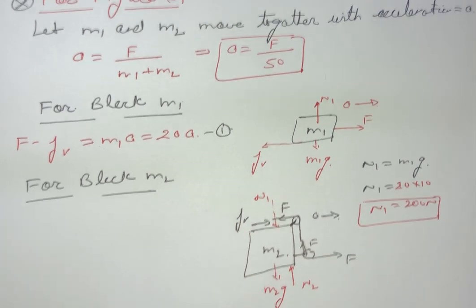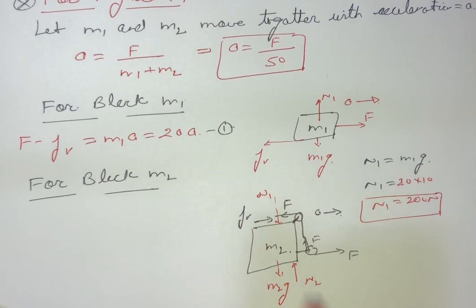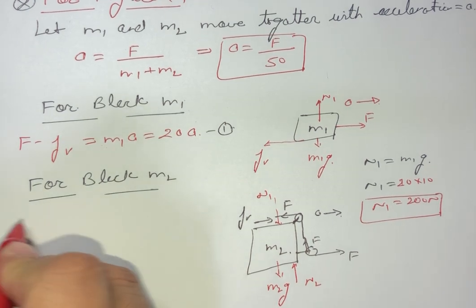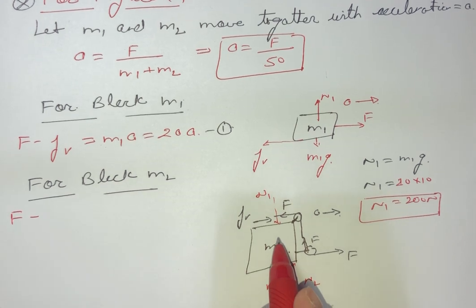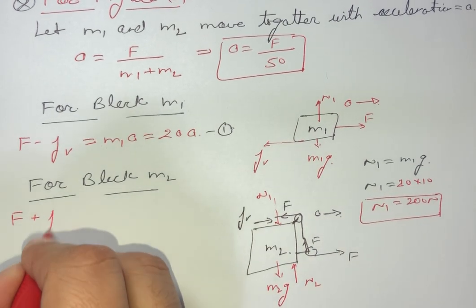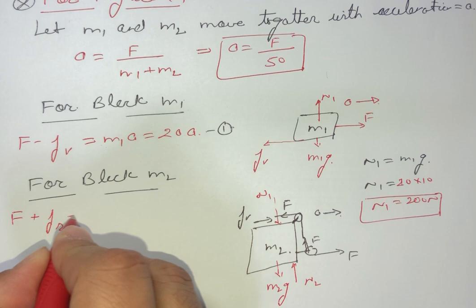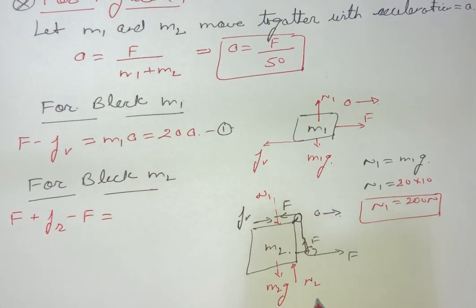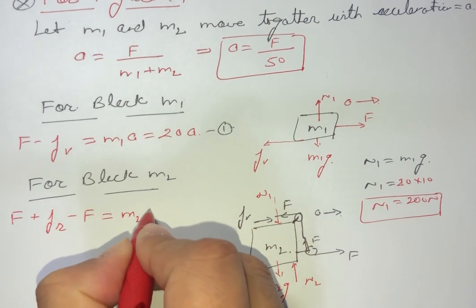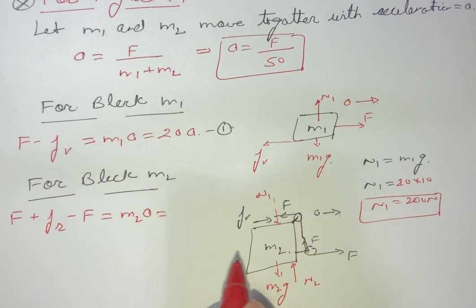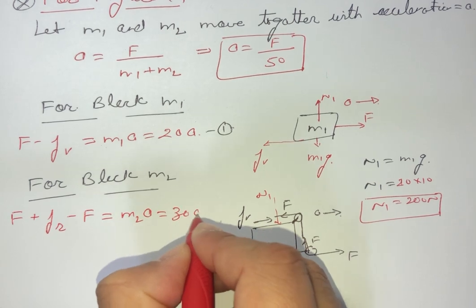So we can write the equation as F minus F plus Fr minus F, this will be equal to M2A, and M2 is 30, so this will be equal to 30A.